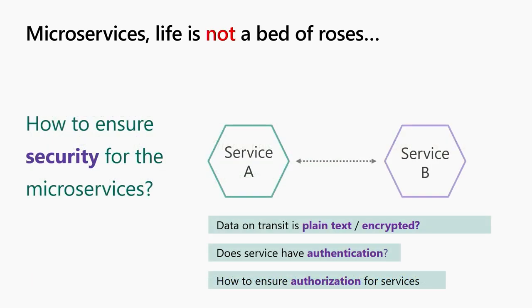And the second issue when we work with microservices is how to ensure security for each individual service. Going back to a monolith application, when we build a single monolithic application, we usually build a cross-cutting concern layer, and we put into that layer, for example, authentication, authorization, logging, and caching.